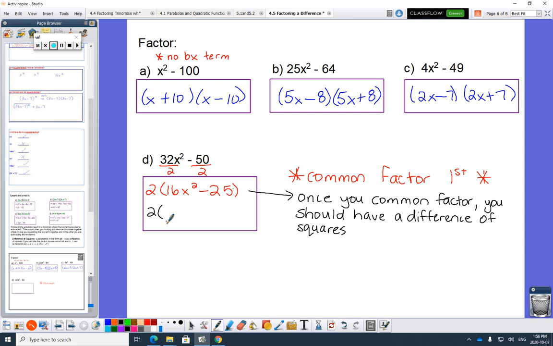So square root of 16 is 4. Square root of x squared is x. Square root of 25 is 5.